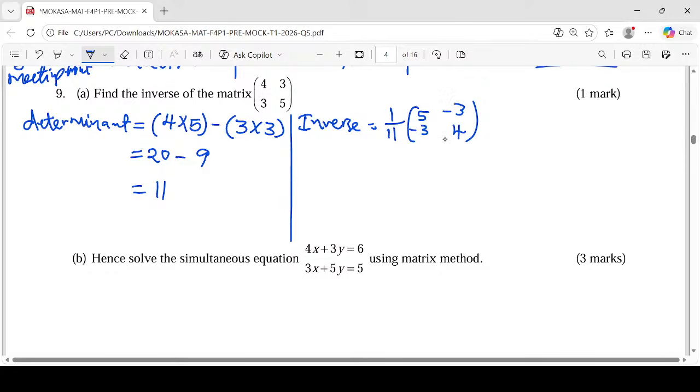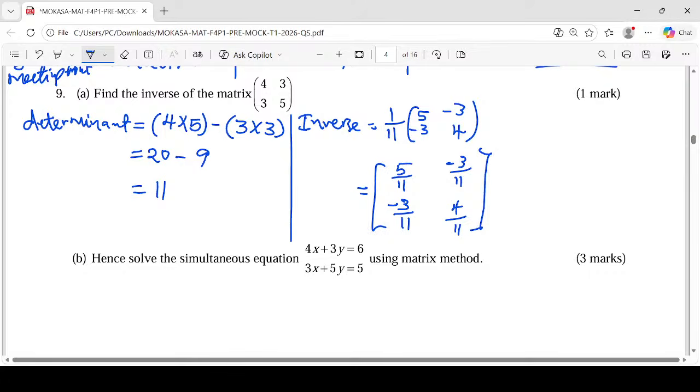You can leave it at that point, it's still correct, or we can proceed and make it 5 over 11, -3 over 11, -3 over 11, 4 over 11. We can have it even that way, still it's correct.